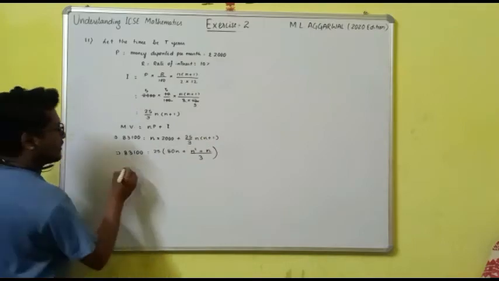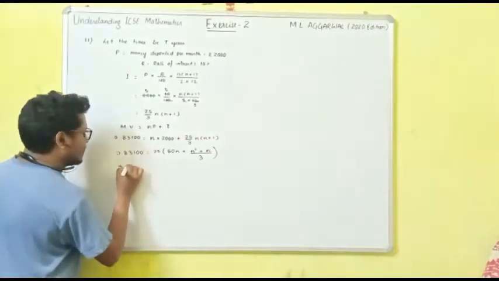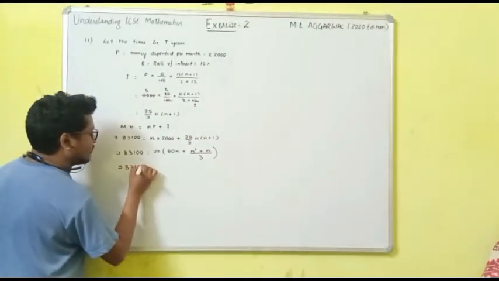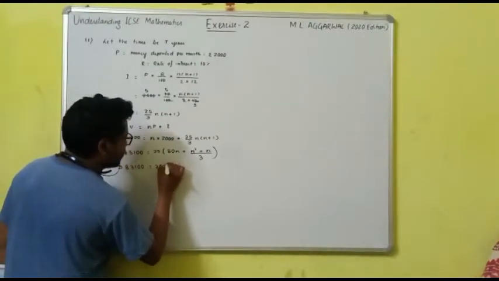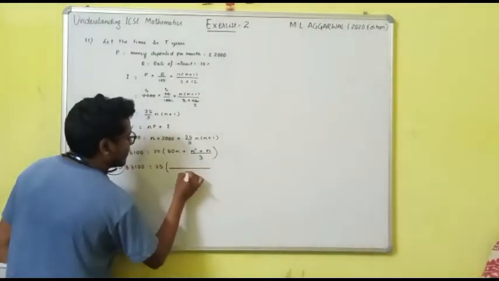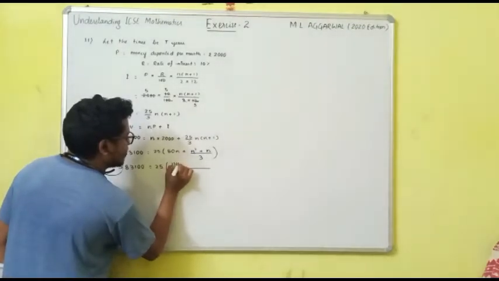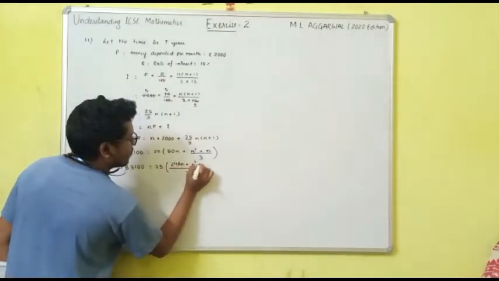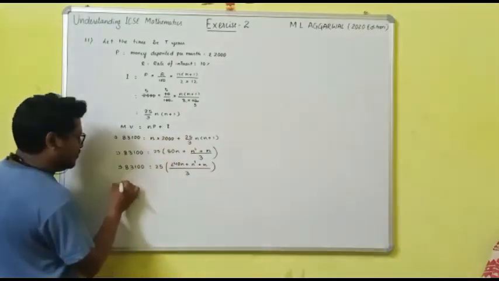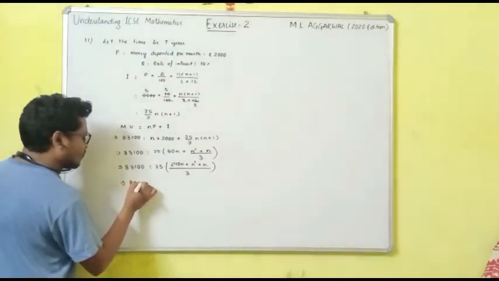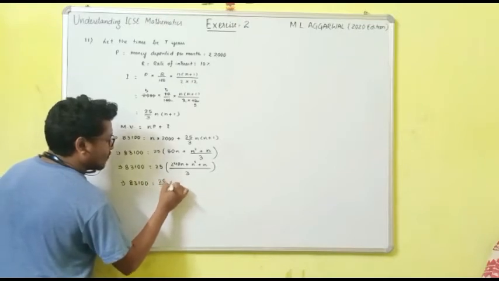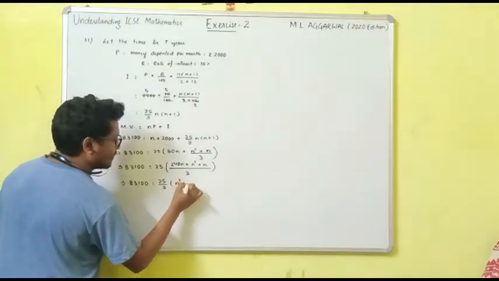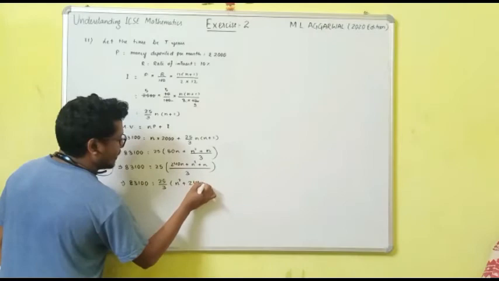Like this you have to write. Then it will be again 83100 is equal to 25 by 3 bracket 240 n plus n square plus n. So now it will be 83100 is equal to 25 by 3 bracket n square plus 241 n.